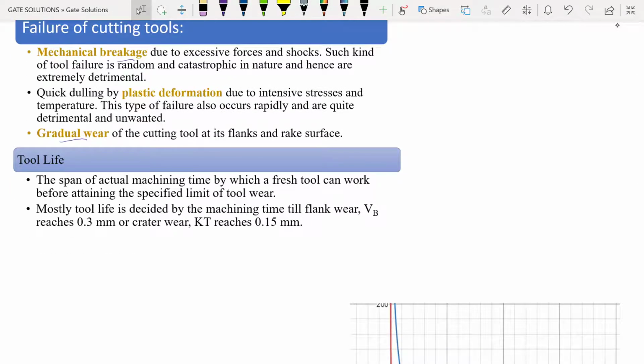The limit of tool wear is generally defined by the flank wear and crater wear. Flank wear is represented by VB and crater wear by KT, where flank wear is limited to 0.3 mm and crater wear is limited to 0.15 mm.